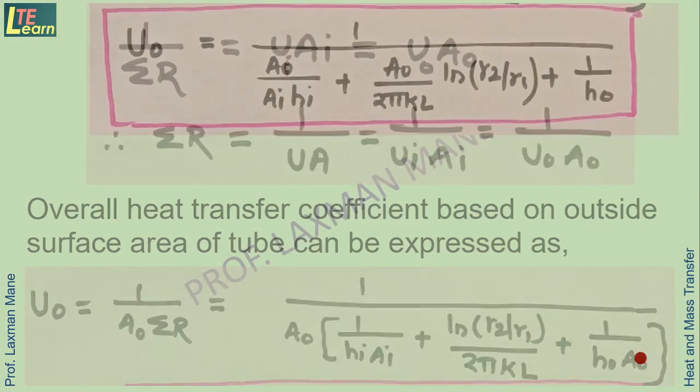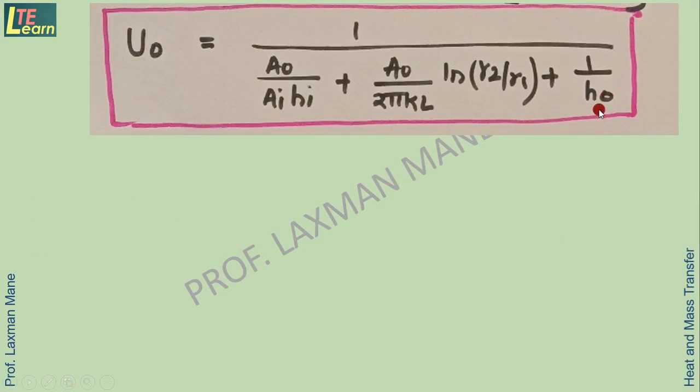Thus 1 upon Ho will remain. So this is the overall heat transfer coefficient formula based on outer surface area of the tube.